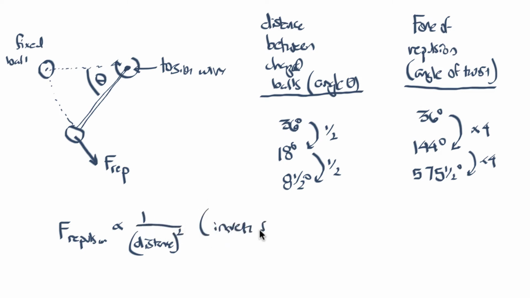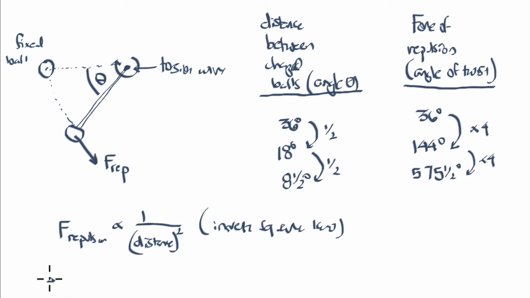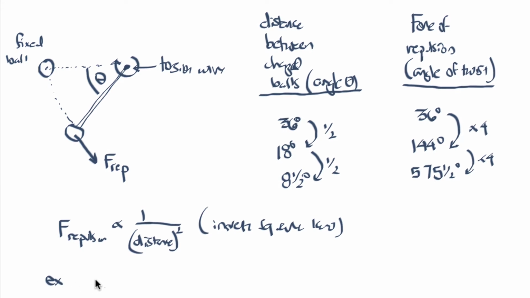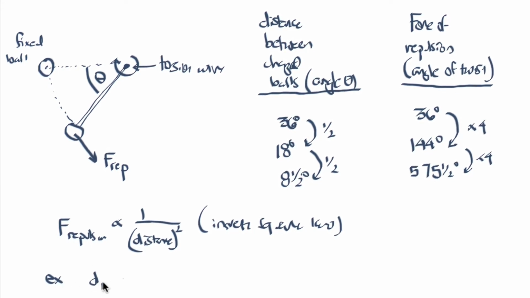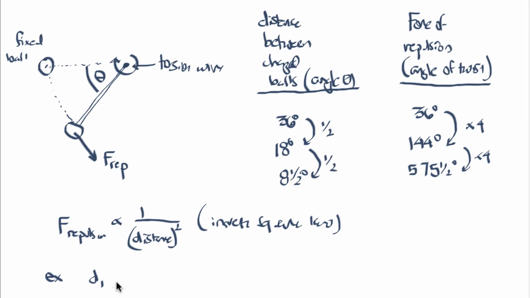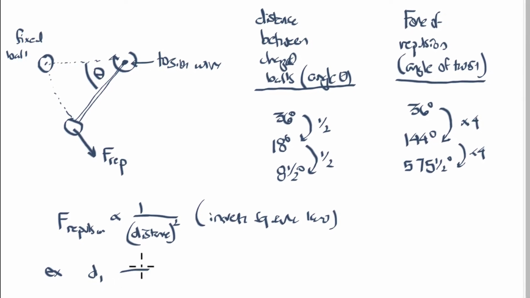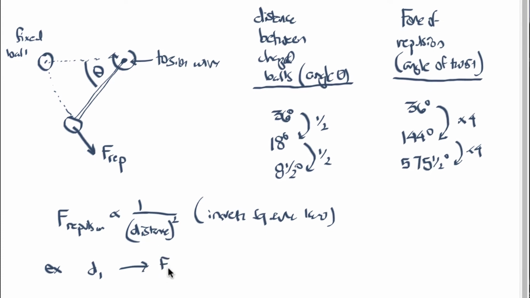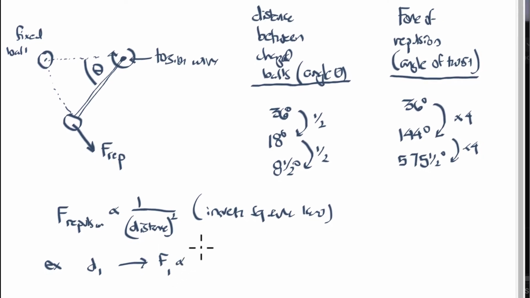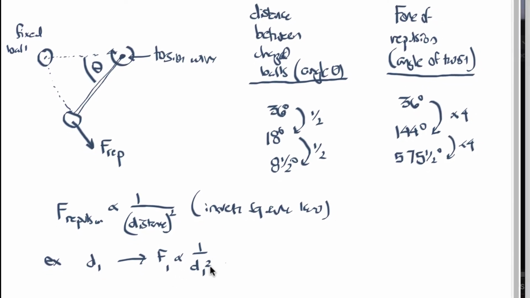Inverse square law. And just to remind you sort of how this works out, let's suppose if you're at a distance d1 between those two balls, and if you plug that in to this formula, you'd get a force 1 proportional to 1 over d1 squared, okay?